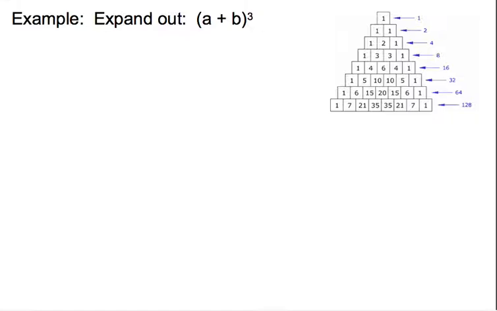So here's what we're going to do. We're going to look at the degree of that binomial. It's a degree of 3. So we're going to head over to the appropriate row in just a moment. And I'm going to put some placeholders.